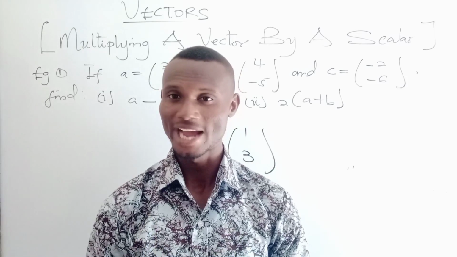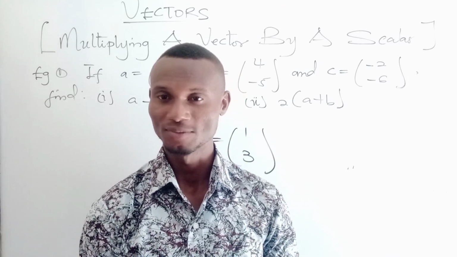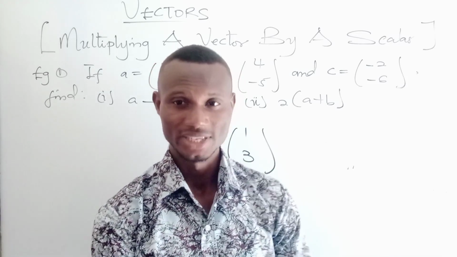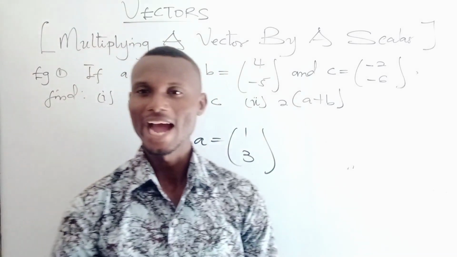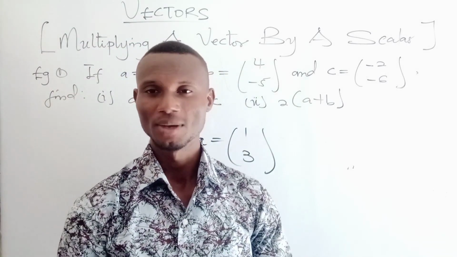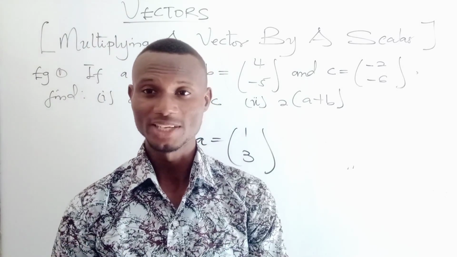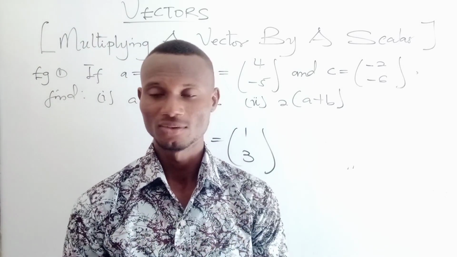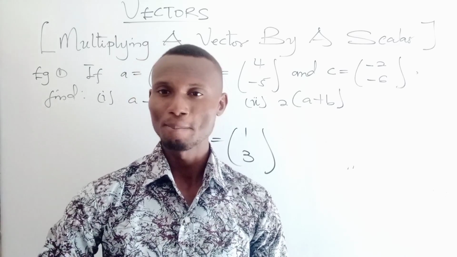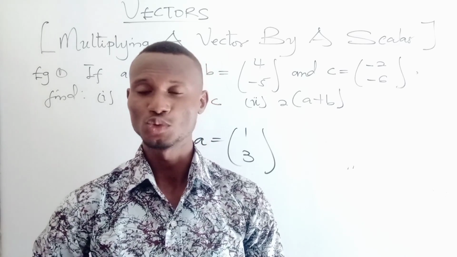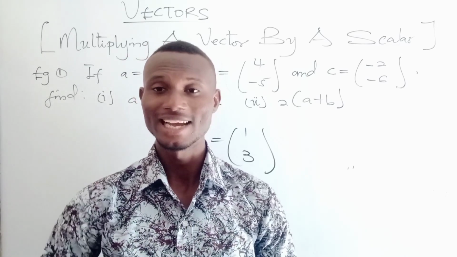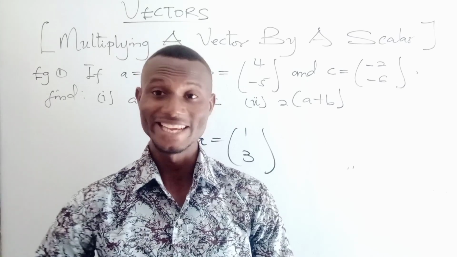One more time: having any given vector, and I multiply that vector by any value, either an alphabet or a number, then that number or variable that I'm using to multiply the vector is what we refer to as a scalar.